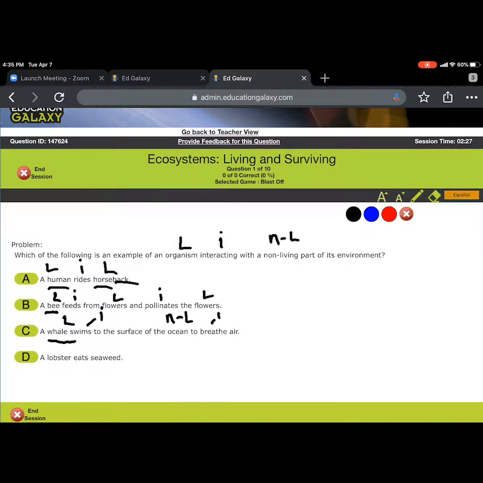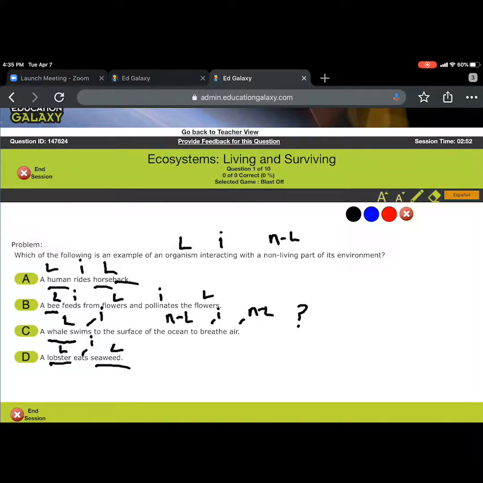To breathe, interaction, air, non-living. Okay, it looks like C looks pretty good right now. Let's look at D. Okay, lobster, L, eats, interaction, seaweed. All right, guys, this is living.